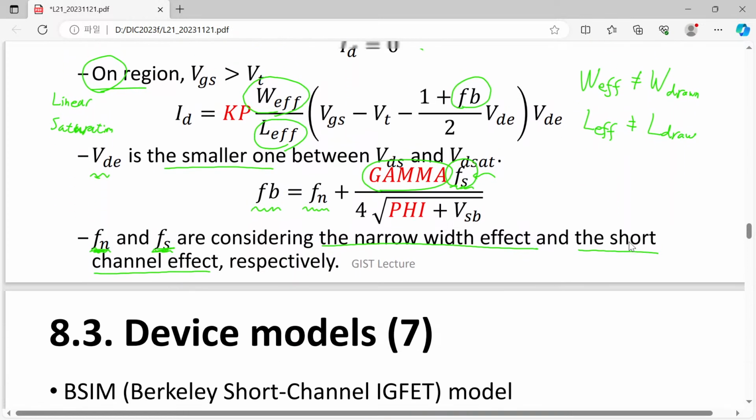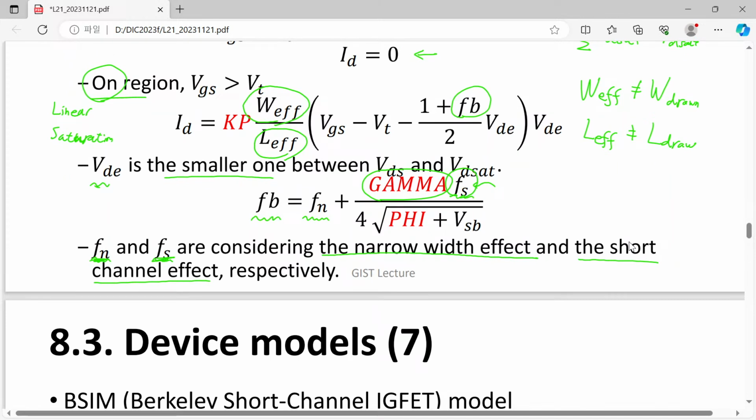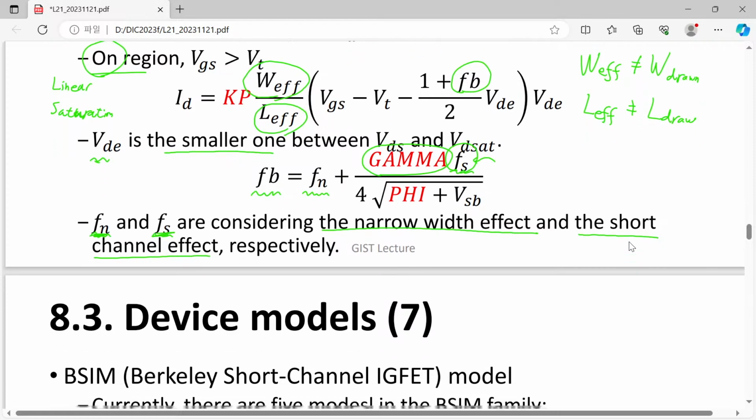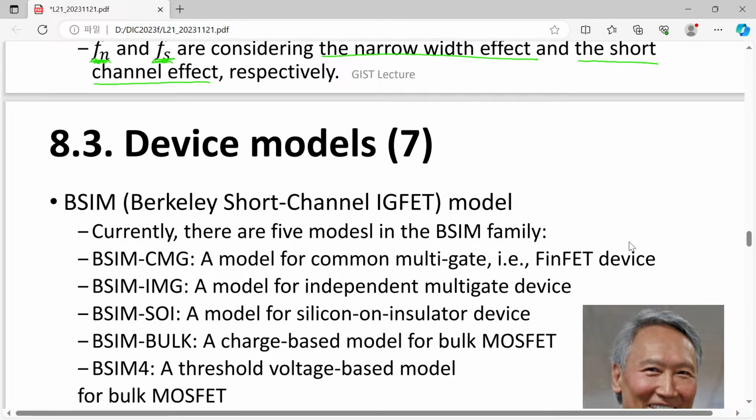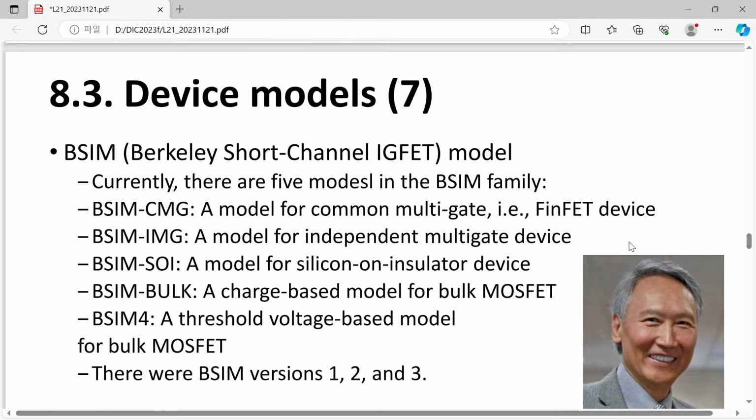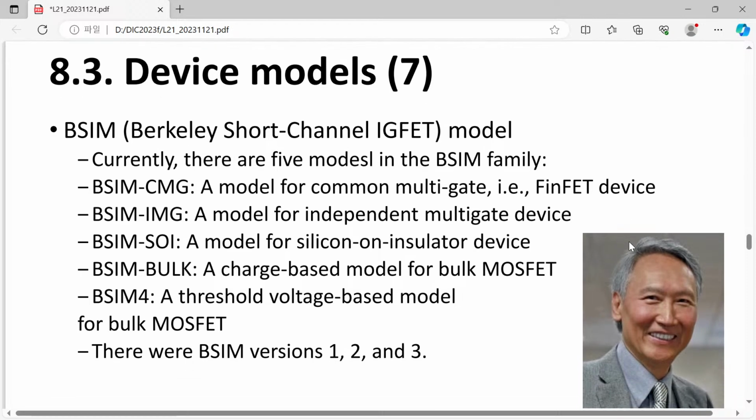So now this becomes a little bit going to the art, not just a disciplined study, but a kind of an art. And now we are going to the BSIM model, our central topic today.